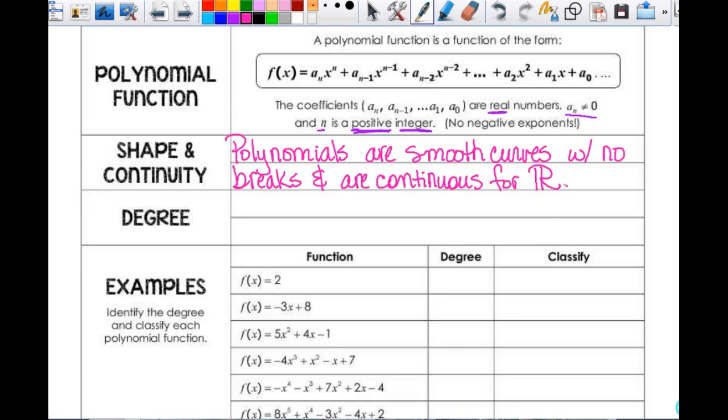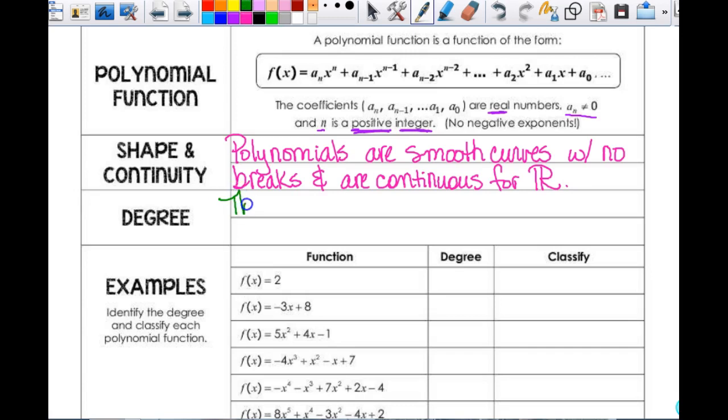Okay, so smooth curves, that's important. Everything is curvy in here. Nothing comes to a sharp point when you're graphing. Everything is curvy, and there's no breaks, so I don't have any discontinuities, which means it's going to be continuous for all real numbers. Okay, we need to make sure we understand what the degree of the polynomial means.